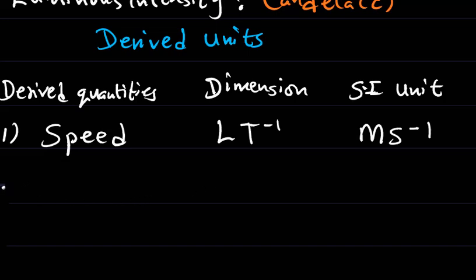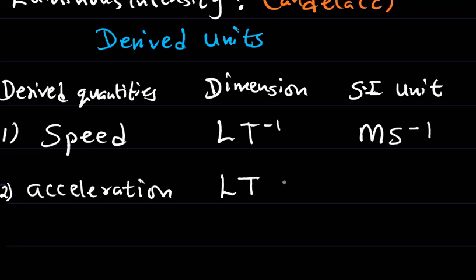Number 2, we have the acceleration. This is measured in dimension as LT raised to the power minus 2. So, of course, the unit, L is m, that's ms raised to the power of minus 2.